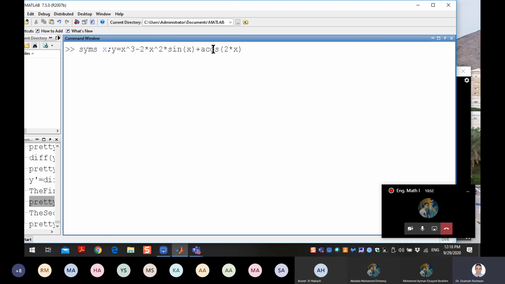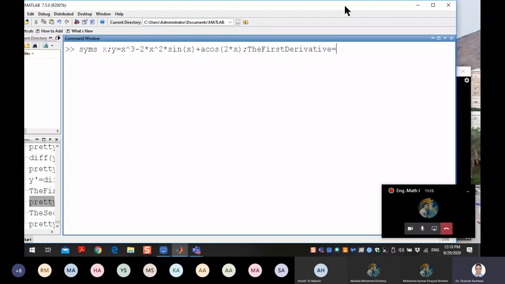If I'm pretty sure about my y, I just put a semicolon, then give the command for the derivative. I would like to call the result the first derivative. Equal.